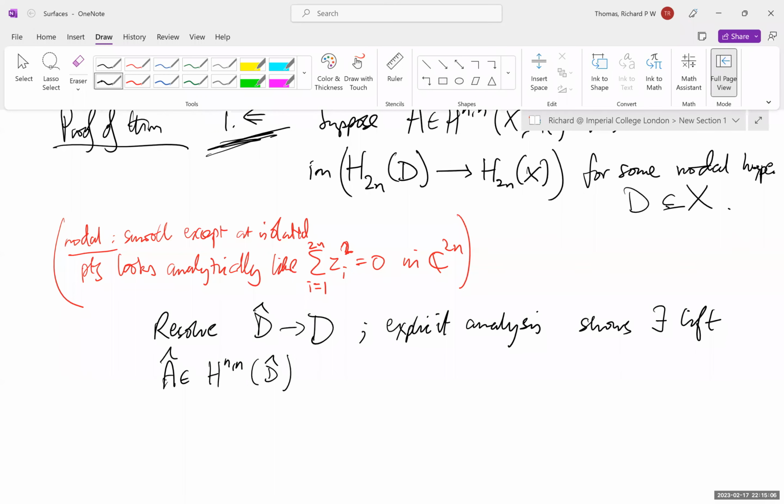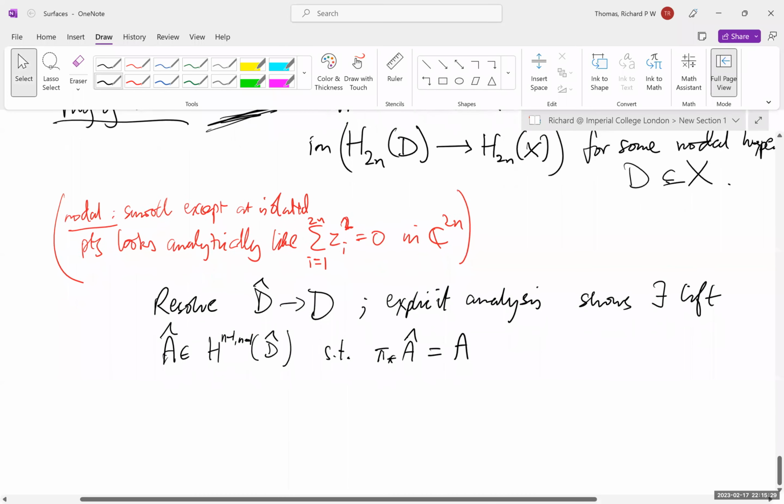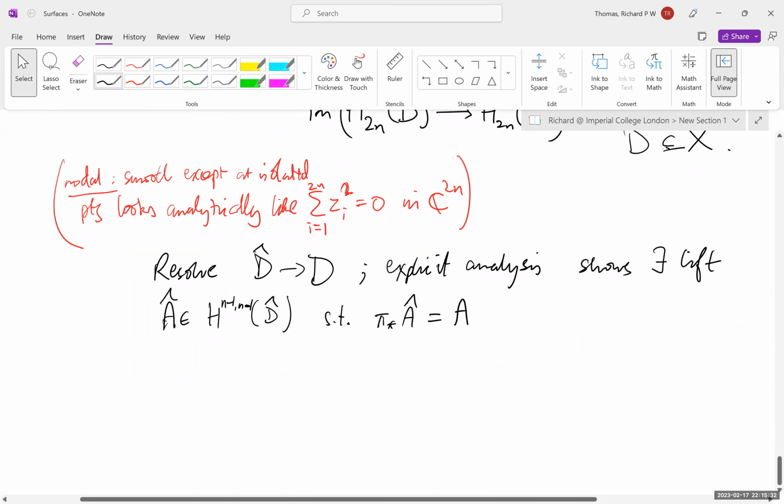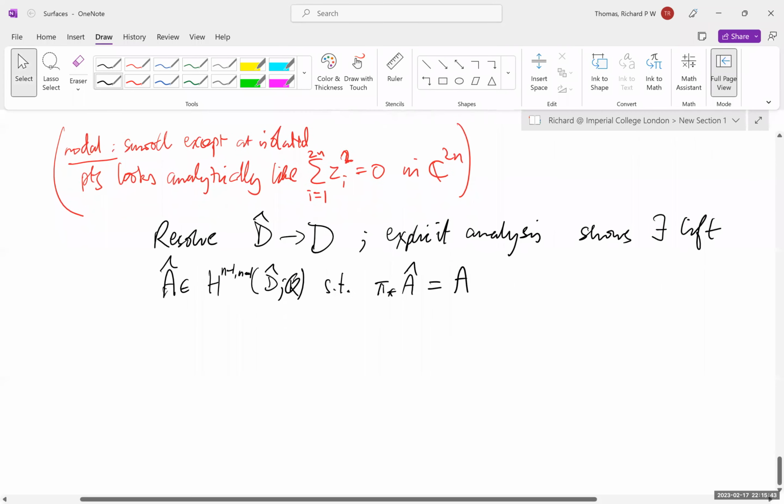It should be n minus 1, n minus 1. Such that pi star A hat equals A. So I can lift it, because it's a Hodge class on X and it lies on D, I can show it lifts to a Hodge class on D hat.